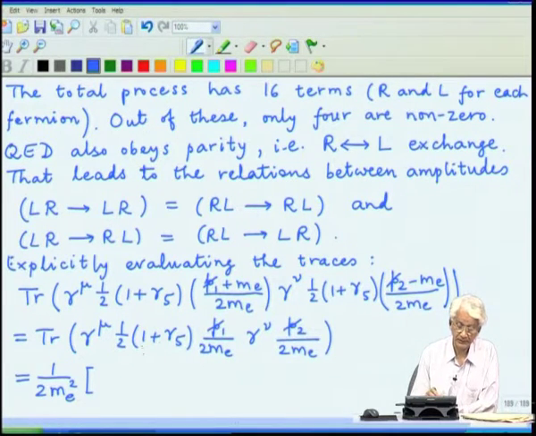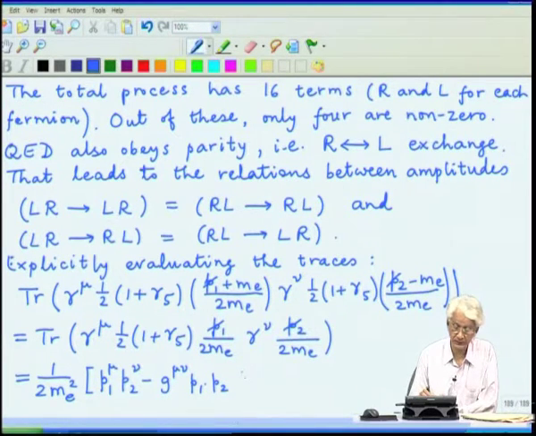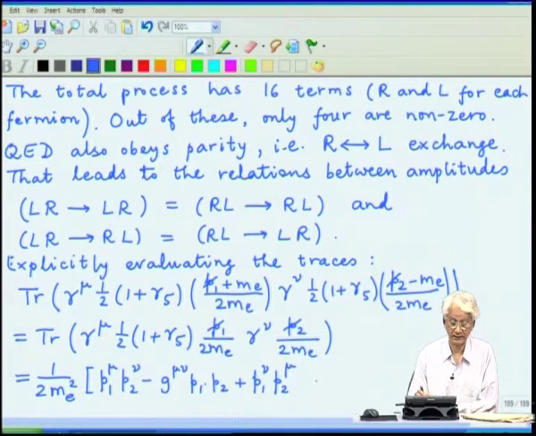So, the one part is the trace which we had evaluated earlier, and it just produces mu dotted with p 1 first, then mu dotted with nu, and then mu dotted with p 2, giving this particular result.